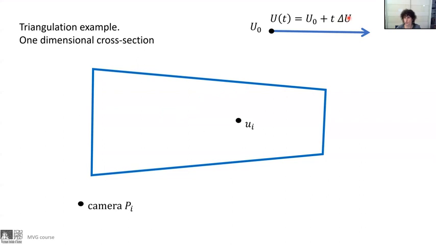So I can parameterize the location of the 3D point which will be projected to u_i as some U0 plus some parameter I don't know, times a direction I know.